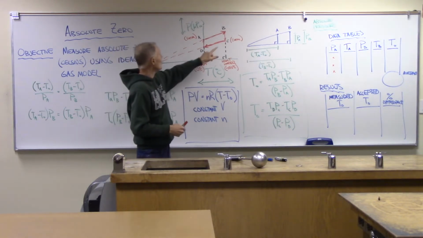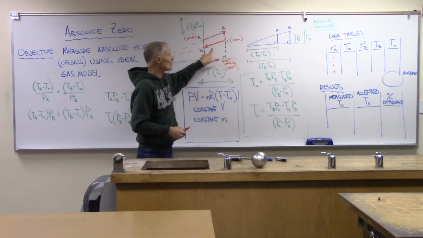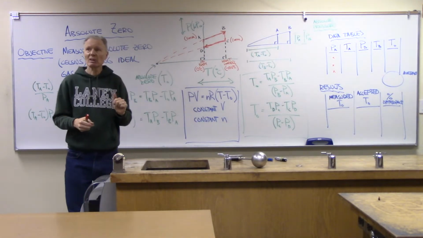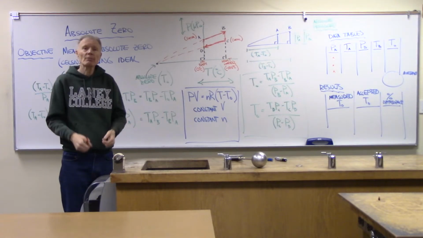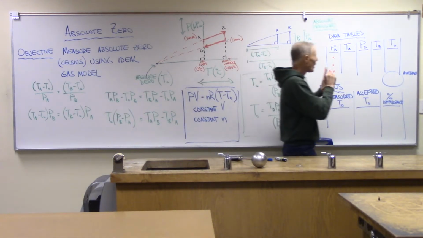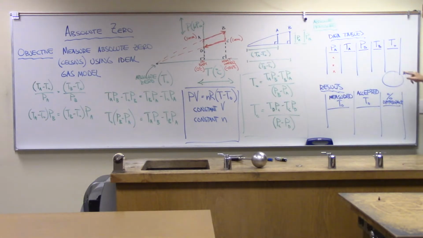Similarly, we're going to go from C to D 3 times. So 3 times from A to B, 3 times from C to D. That should give us 6 values of absolute 0. And once we get all those absolute 0 values figured out, we can average them, right? That's our standard procedure with a lot of these measurements that we do in lab.